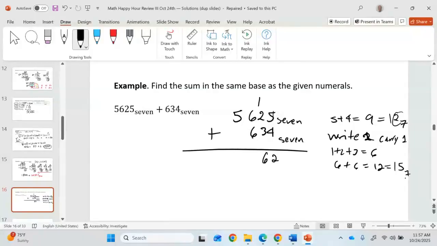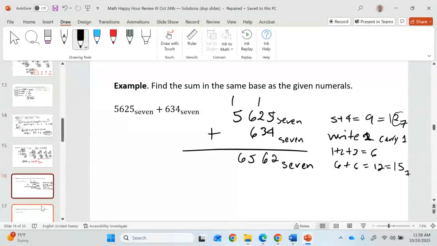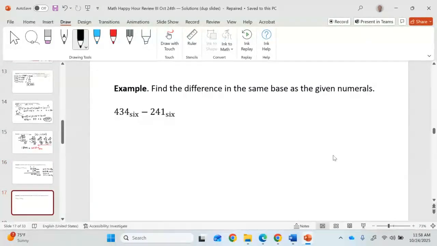So 12 in base 7 is 7 plus 5. So I need one 7, so it's 15. I write down the 5 and carry the 1 on top. And then I add 1 plus 5, which is 6. So my result is 6562 base 7.